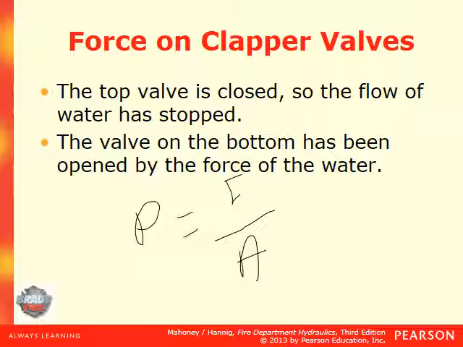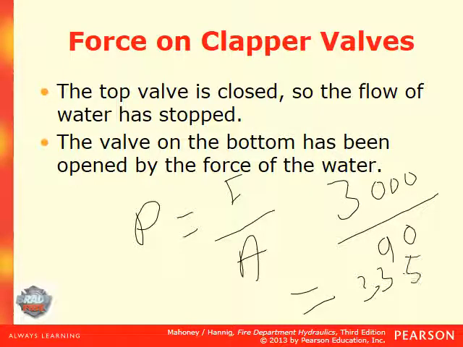Now we figured out the force was 3,000 pounds. And again, we know our area on the other side, which is what? 90 square inches. And you can get that by looking at the chart. So 3,000 divided by 90 equals 33.5 psi. And that is the amount of pressure that will produce enough force to open the clapper valve.